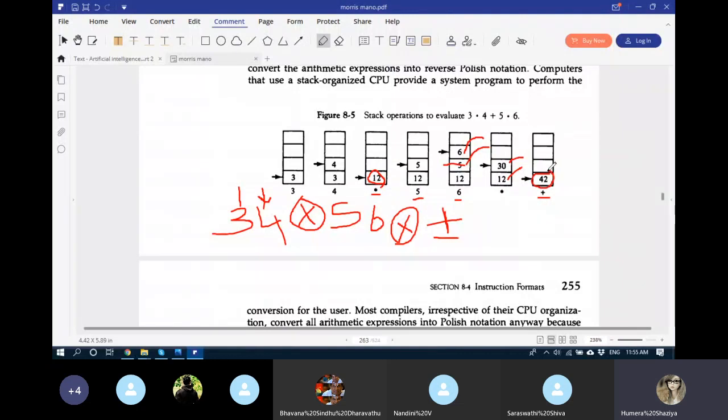So the result is pushed into the stack. Now after plus there is nothing. The expression has ended. There is nothing to do. So it pops the one and only element in the stack and gives that as the result to the user. So the result 42 is given to the user.